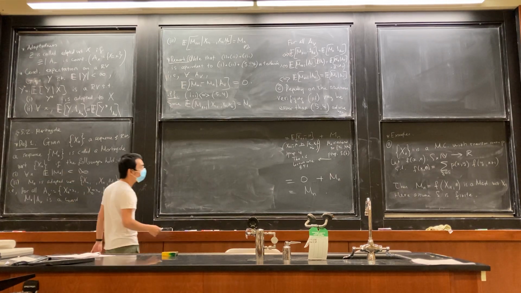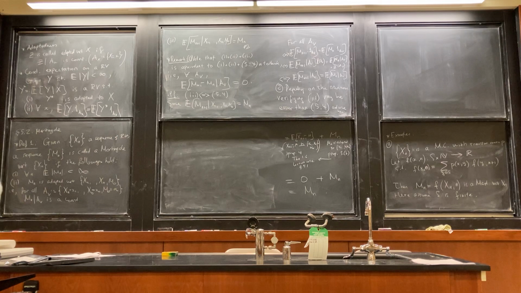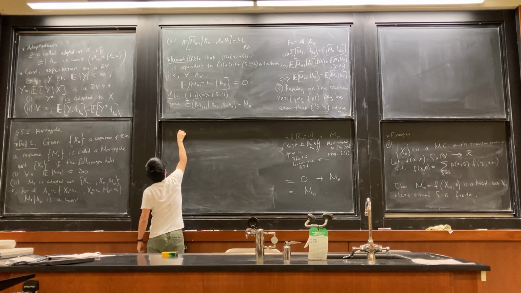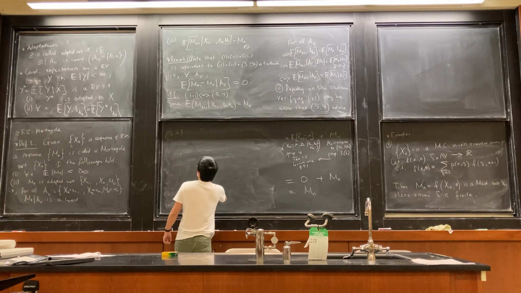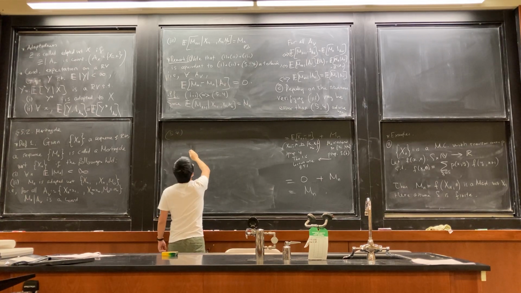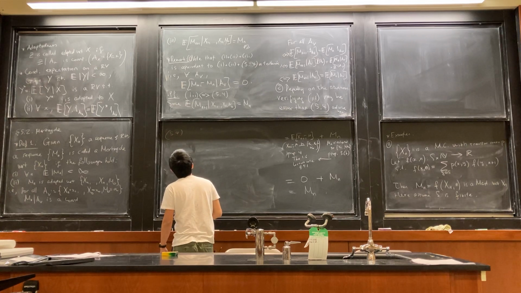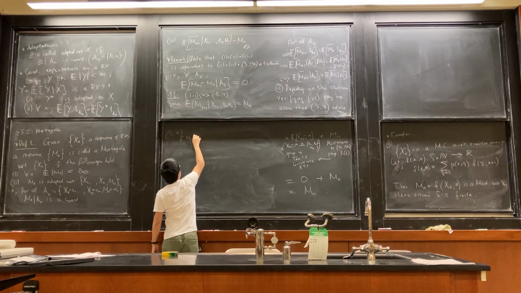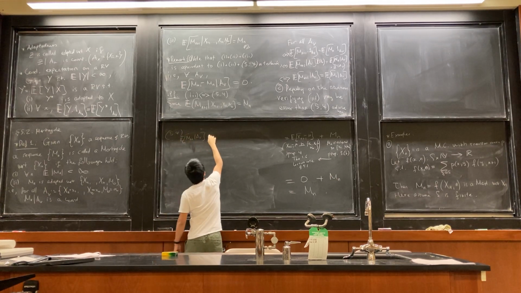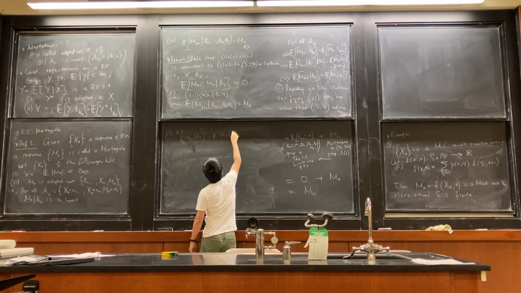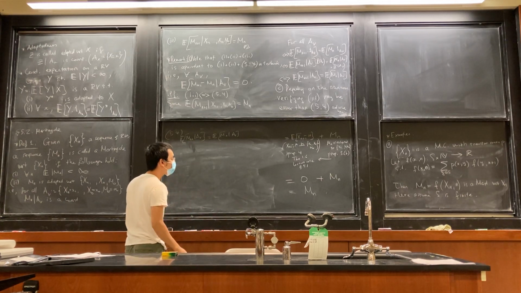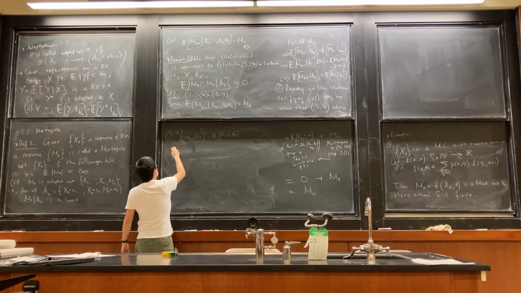Well, let me work it out here. So we want to verify equation 5.4. Namely, I want to show that the expected value of M n+1 conditioned on A, B is the expected value of M n conditioned on A, B. So what is this?